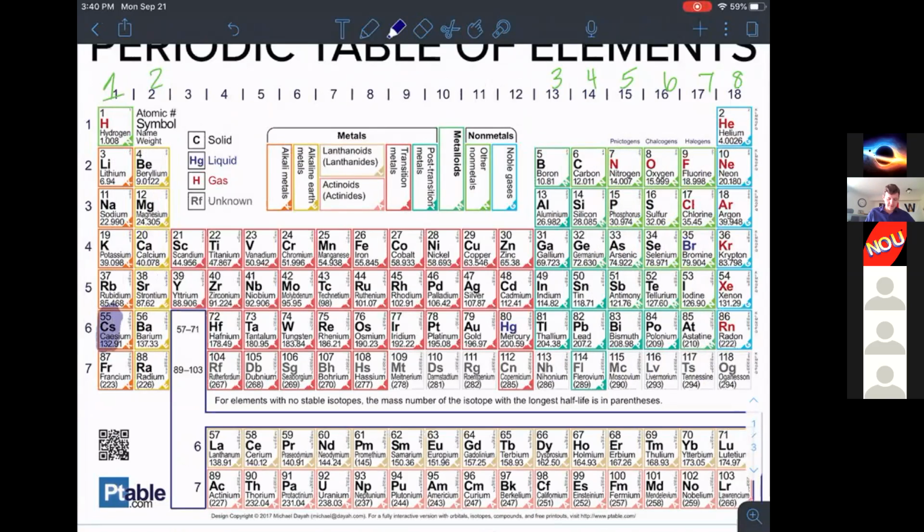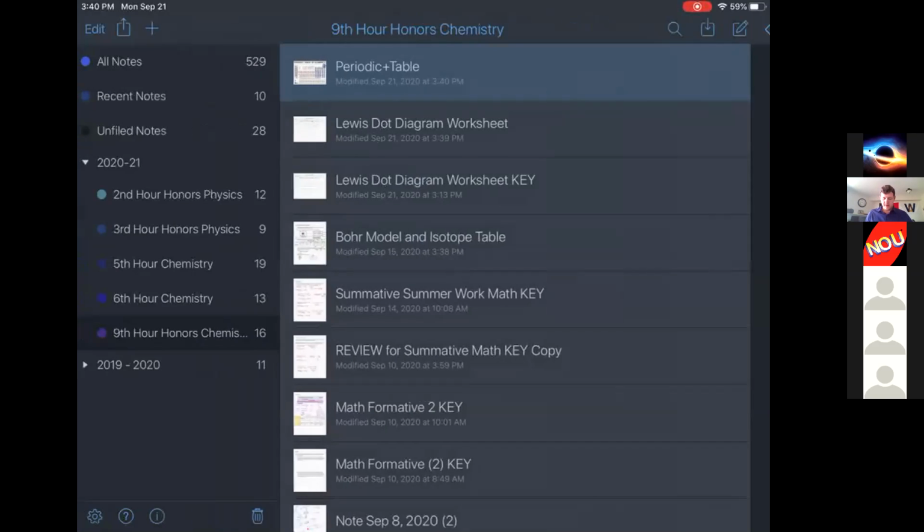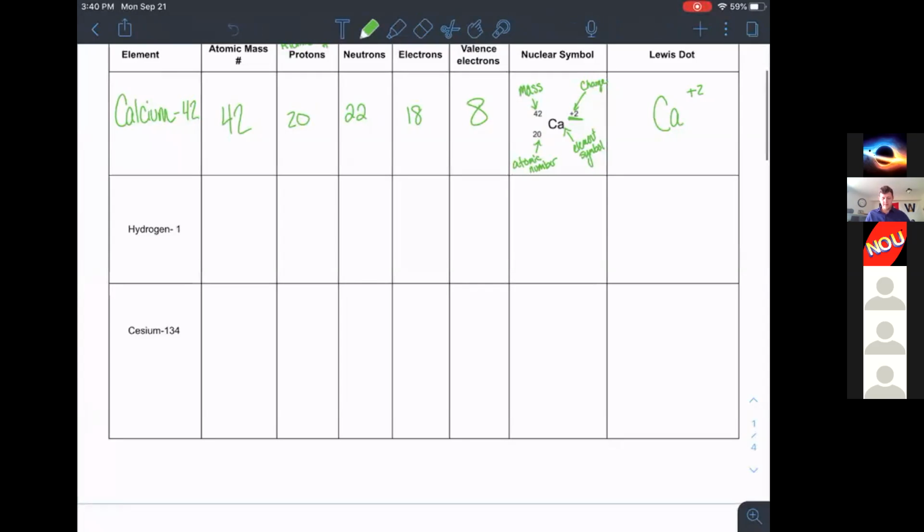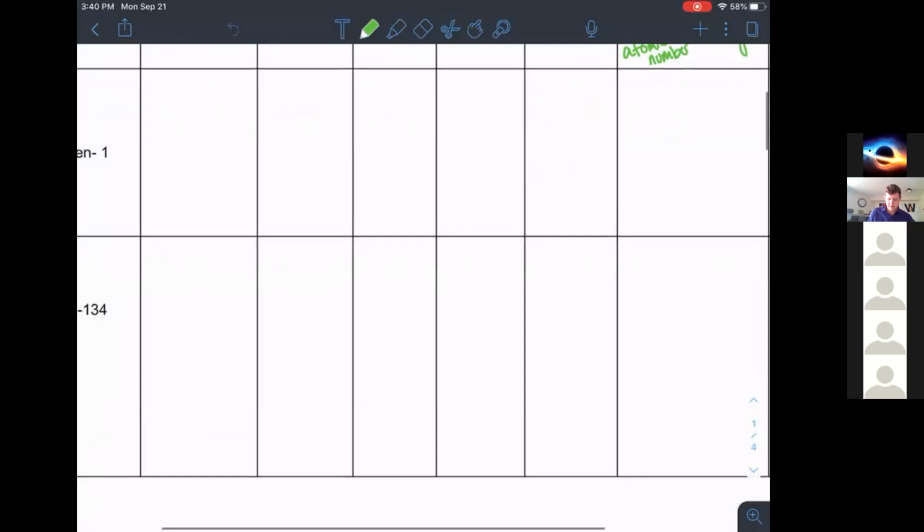Perfect. Atomic number 55, way down here on the bottom left. All right. So now that we know its atomic number, let's go back to our worksheet. We know its atomic number. So where can I put that 55? Proton. Perfect. So I'm going to put my 55 on the protons column.